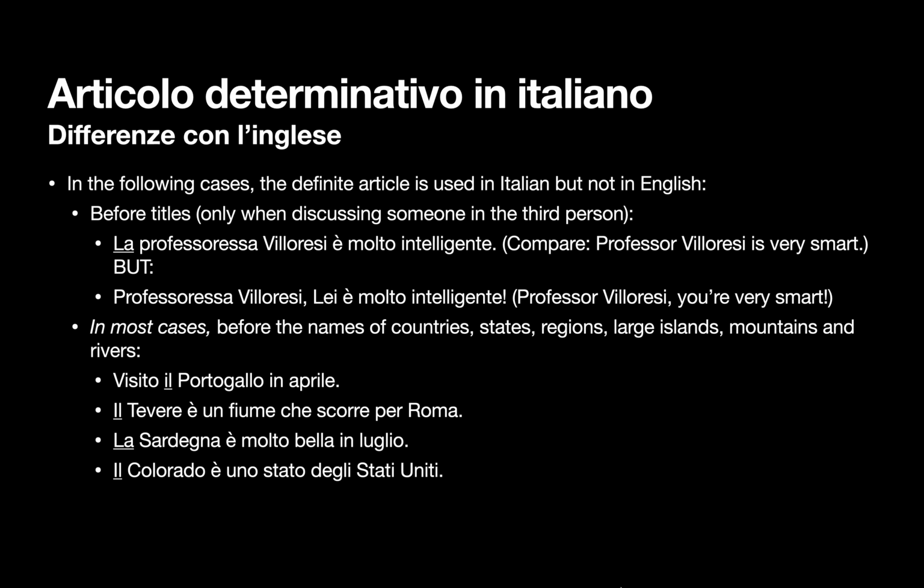So in Italian, instead of saying Sardinia like in English, la Sardegna è molto bella in luglio, because la Sardegna is a large island. Il Colorado è uno stato degli Stati Uniti. Colorado is a state in the US. So again, it's il Colorado, where we would say Colorado.